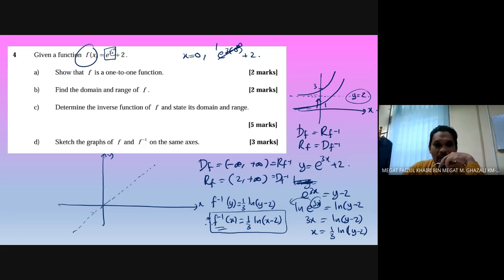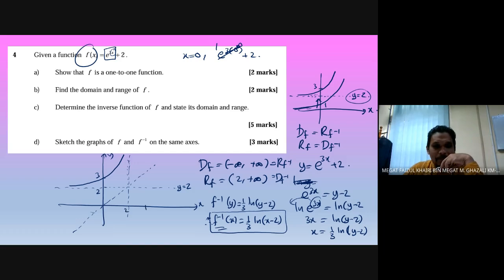So y equal to 2, and it intersects at 3 here. So now class, this is x equal to 2, and then x equal to 3.